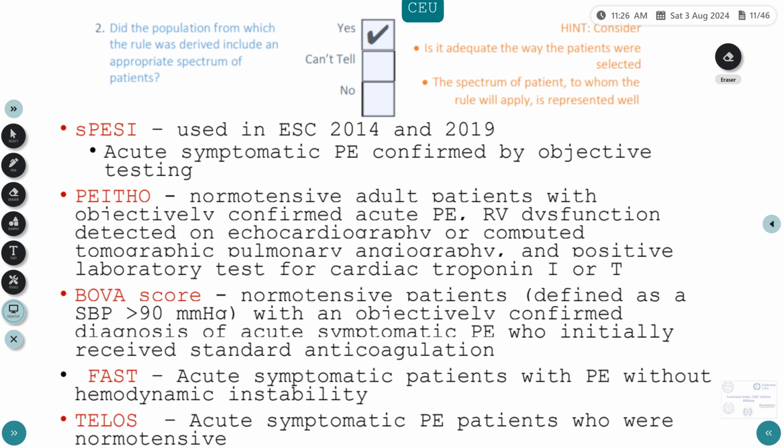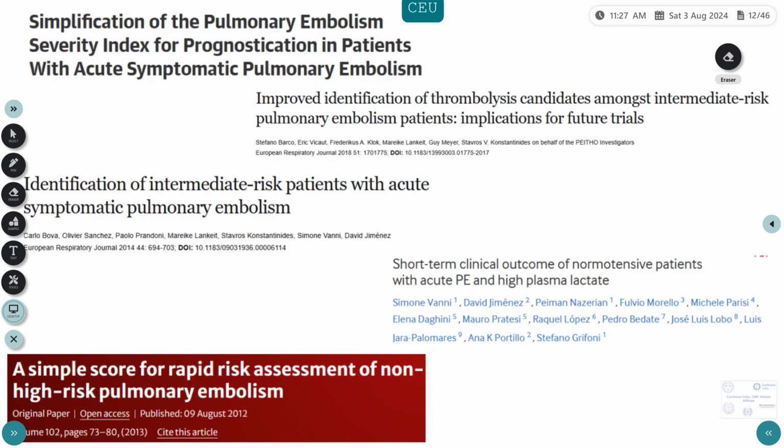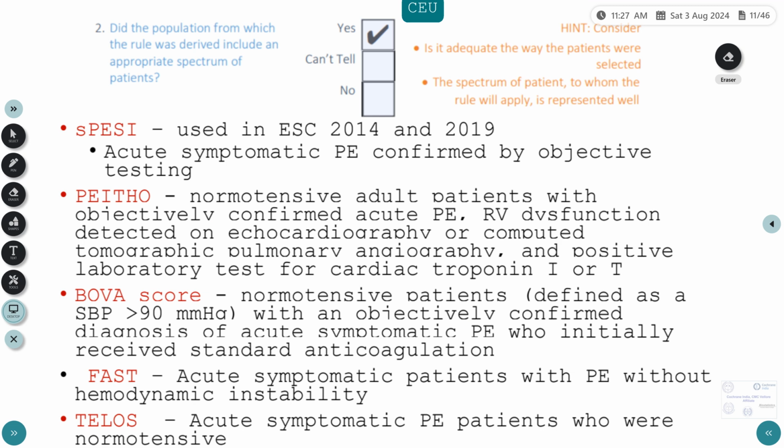So we can see that the population from which these rules were derived is fairly good, and it's a broad population. These were the studies I looked at to see what the population was, and we have seen that in the previous slide. These are the derivation studies, and we can see that the population is fairly the same as what they are looking at in this study as well.